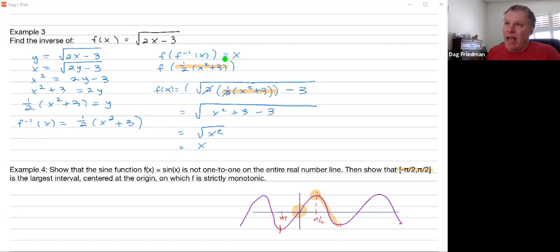I'm not going to say I'm 100% positive. I just can't think of any functions where it fails. The definition is very specific. It says you're supposed to check it both ways. You guys will not encounter a function that doesn't work in one direction. In other words, if I evaluate f of the inverse and I get x, the other way is going to work every single time.